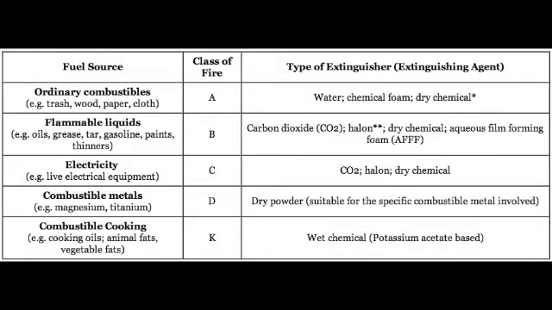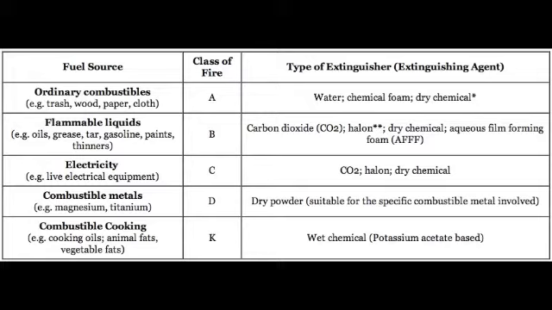So for each class, there are some helpful extinguishing agents. For Class A fires, ordinary combustibles, you have water, chemical foam, and dry chemicals. For Class B fires, you have carbon dioxide, halon, dry chemicals, aqueous film forming foam.